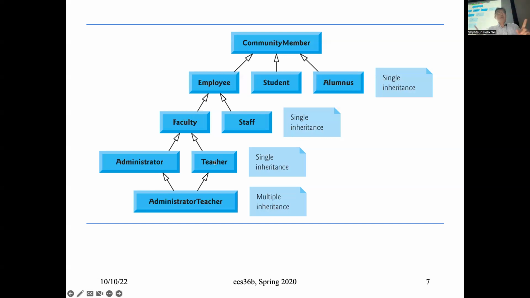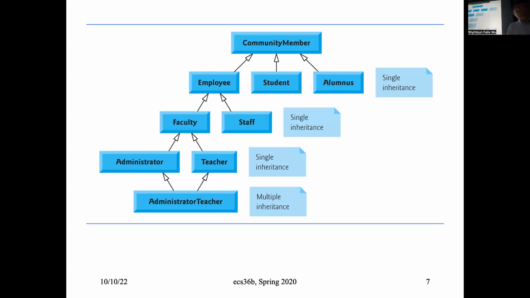By the way, the inheritance relationship is transitive. Which means that a teacher is a faculty, is an employee, is a community member. So when I declare a teacher, I'm expecting everything on the chain all the way to community member, their properties or their abstraction, I should have that.